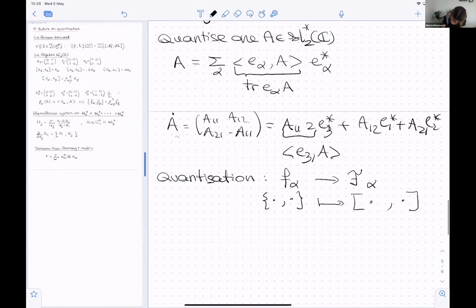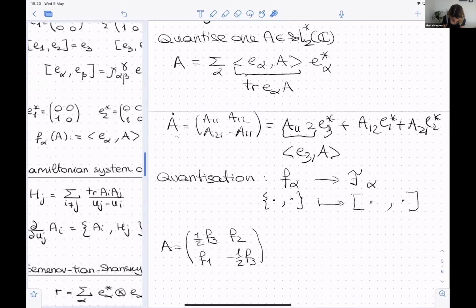A to be a function which has components 1/2 F_3, F_2, F_1 minus 1/2 F_3. I remind you, these functions F_i are these guys. So it's written there too.